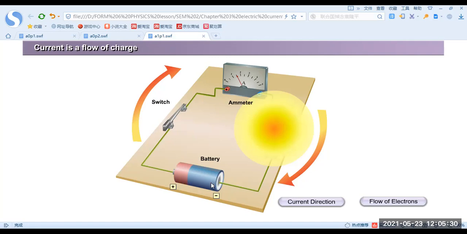So the current flows from the positive terminal to the negative terminal through the external circuit, and the flow of electrons is from the negative terminal to the positive terminal through the external circuit. As a conclusion, the current's direction is always opposite to the electron's direction.